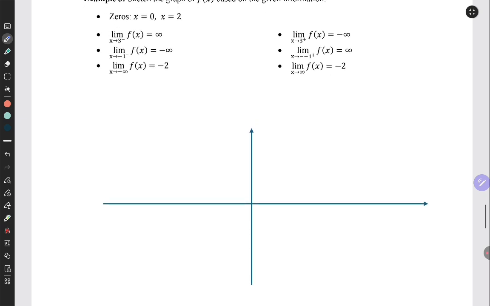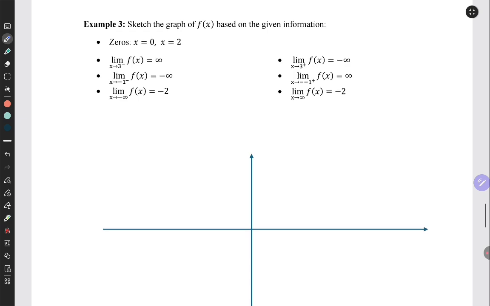Next page. Now those are your information. You also have zeros, x equals 0 and x equals 2. Those two zeros, in this context, what does it mean?